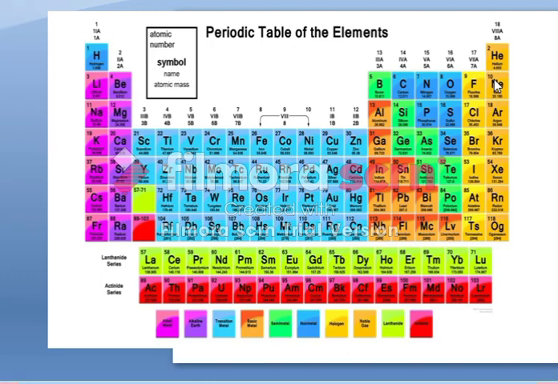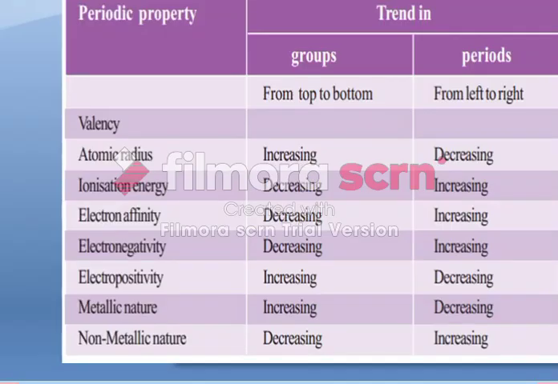But with each successive element, there is the addition of one new electron. So the number of shells remains the same, but the nuclear charge increases due to the addition of one electron with each successive element. Due to this increase in nuclear charge, the size of the atom gets condensed and atomic size decreases. So simply now you can say atomic size will increase as you move top to bottom in a group, and it will decrease as you move from left to right in a period.